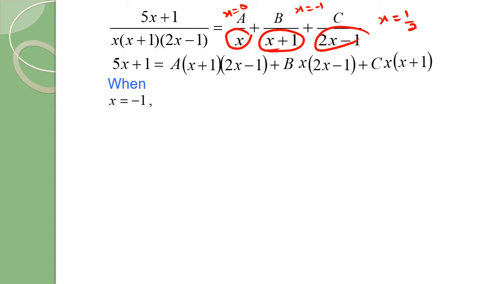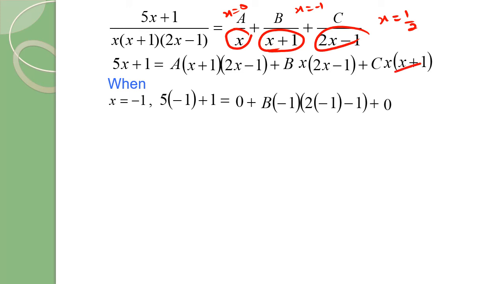So substitute -1 into the equation. We have 5 of -1 plus 1 on the left side. On the right side, x plus 1, so -1 plus 1 will be 0. So directly 0, plus b multiplied by -1 multiplied by 2 of -1 minus 1, and c multiplied by -1 and 0, so it will be 0.